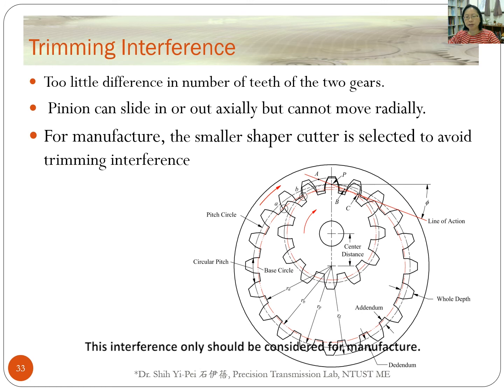This interference only should be considered for manufacture. For example, the shaper cutter needs to withdraw radially when gear shaping, so we need to select a smaller shaper cutter to avoid the trimming interference. Later, we will talk about gear shaping.